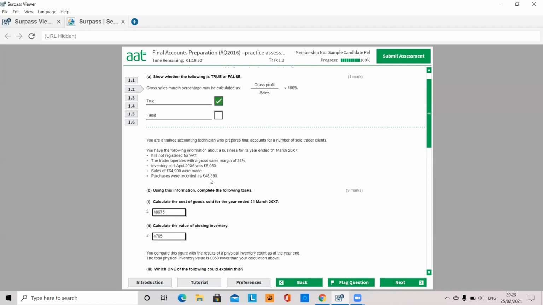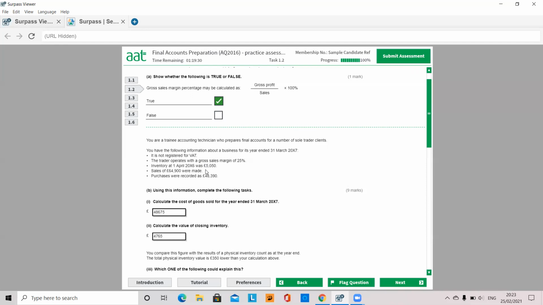Another way you could do that, if you wanted to, is if you know that the gross profit margin is 25%, and you know that the sales of 64,900 is 100%, then you could just do 75% of the 64,900 if you want. So again, a few ways you can do it.